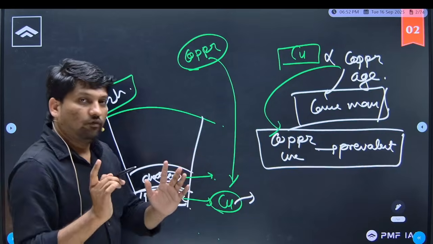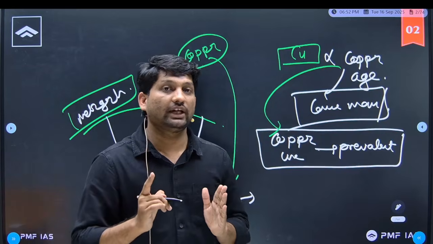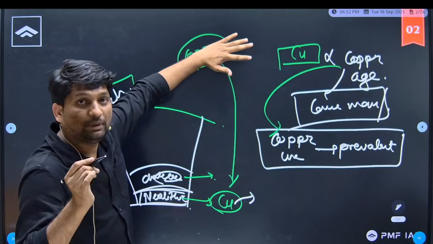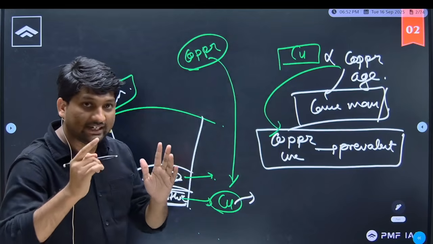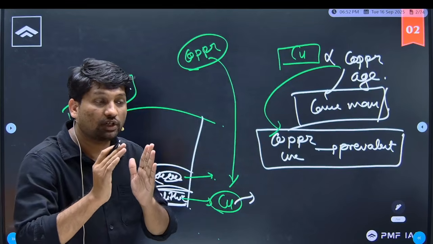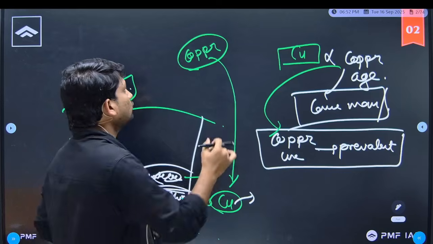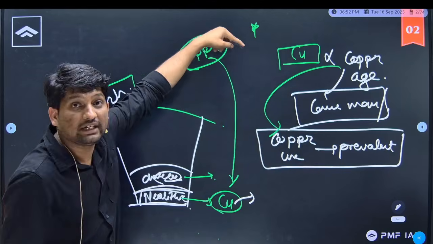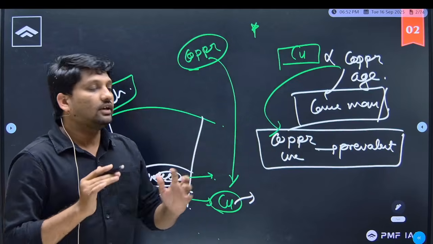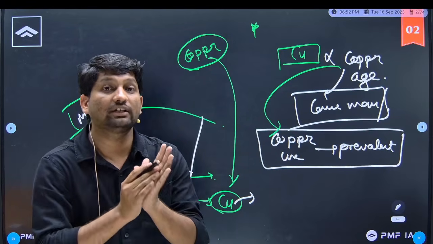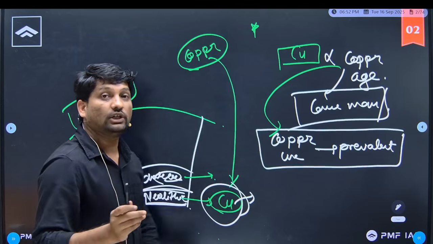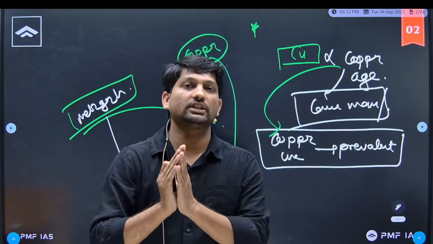When we were discussing the Stone Age, the first thing I told you was that people were dependent on stone tools, and the next line I told you was that they did not use metal. I also asked you to mark this star. We are going to change this. They did not use metal extensively, or in common day life, but you can definitely find some copper even during the Stone Age, basically during the Neolithic period.